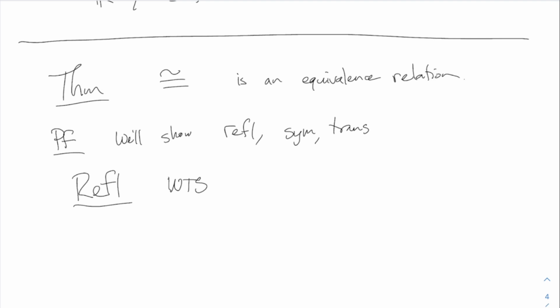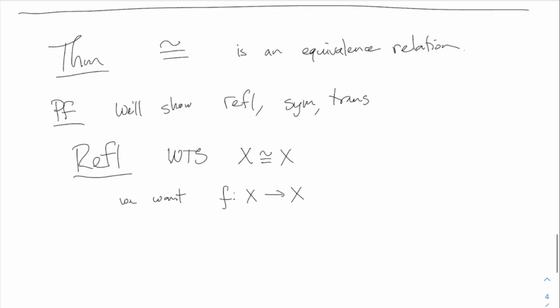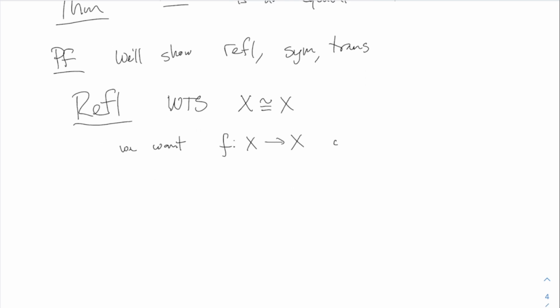So to show the reflexivity property for homeomorphisms, we need to show that X is homeomorphic to X. This is what you need. So how do we show things are homeomorphic? You need to create a function which has all the necessary properties. So we want some function f from X to X which is a homeomorphism, that is to say, a continuous bijection with continuous inverse.